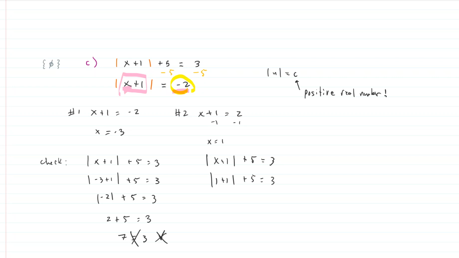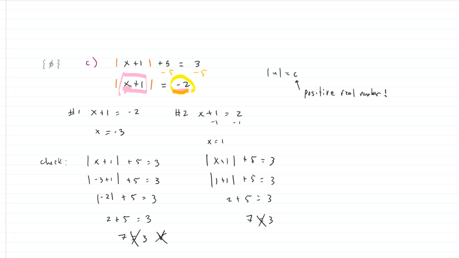The absolute value of 2 is 2. Does 2 plus 5 equal 3? Nope. That's 7 equals 3. Not true. Neither of these statements are true. So the two answers we came up with aren't valid. But we knew that, right?